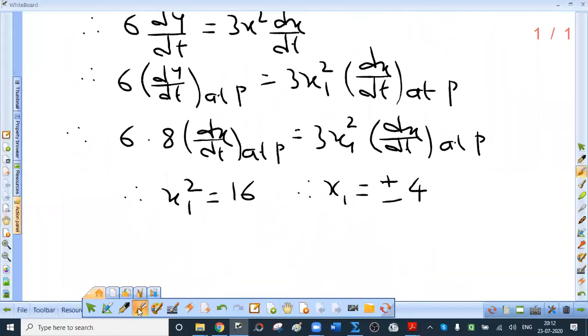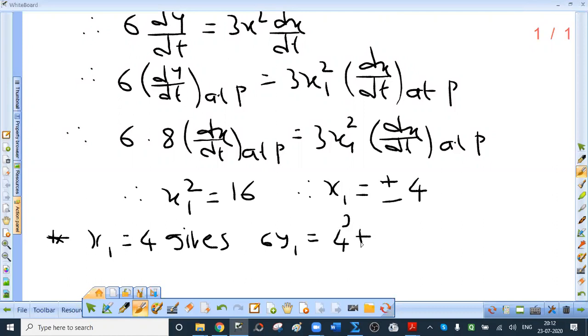When x1 is 4, x1 equal to 4 gives what? See, the point lies on the curve. So I can say 6y1 equal to x cube plus 2, that is 4 cube plus 2.